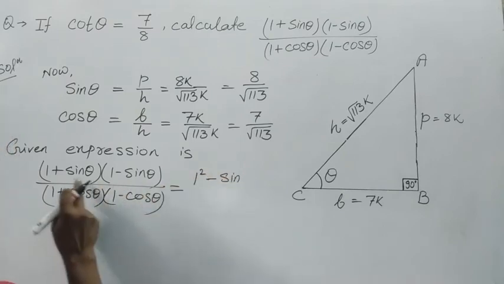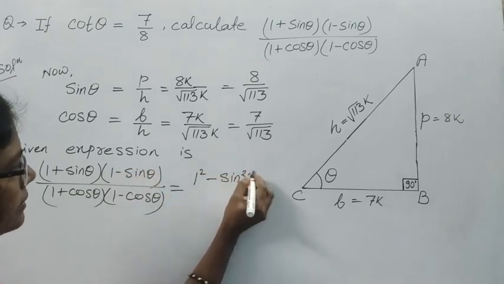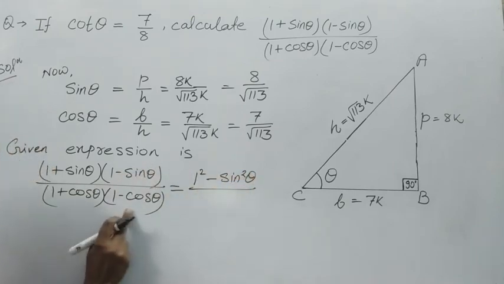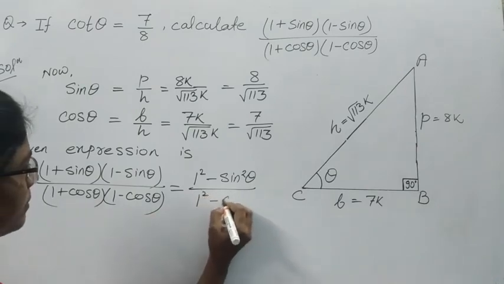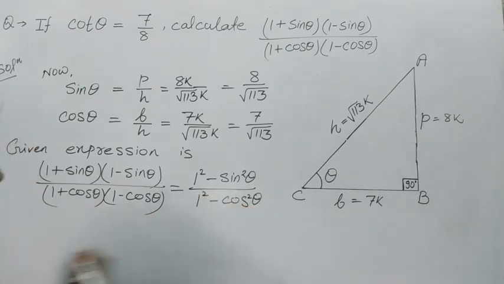So sin into sin is written as sin square theta. Similarly below, if we multiply these two, we get 1 square minus cos square theta.